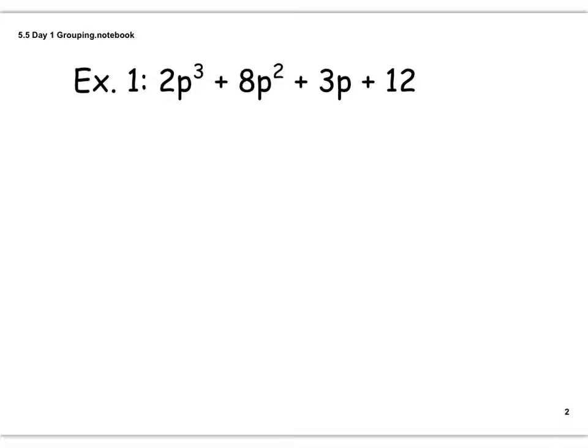Some of you will probably remember that when we factored using the AC method, after we started breaking down our trinomial, we would end up with a polynomial that had multiple terms, and we would then factor by grouping.